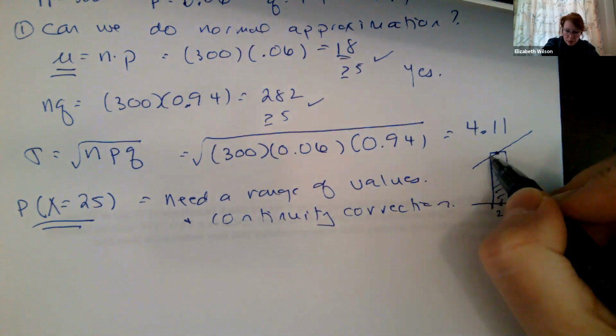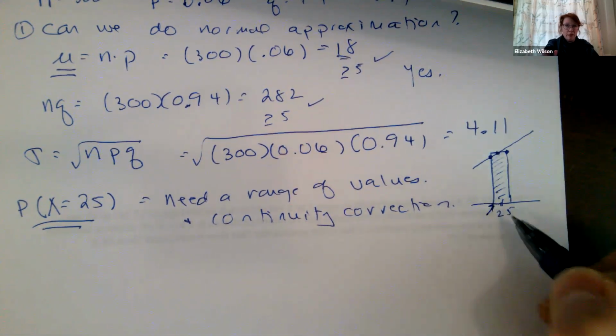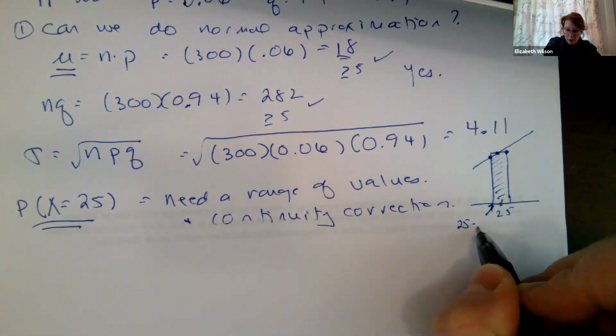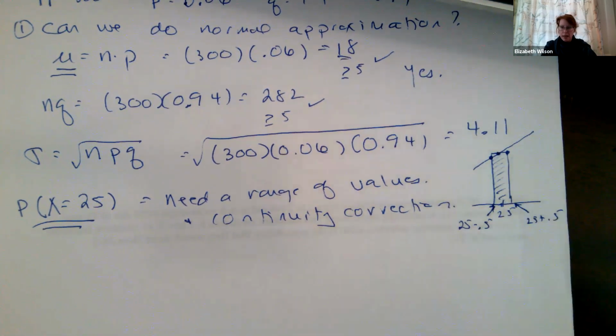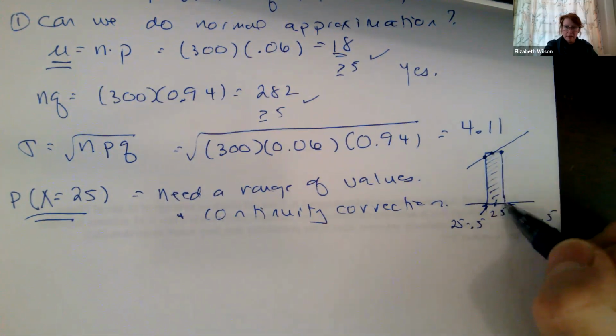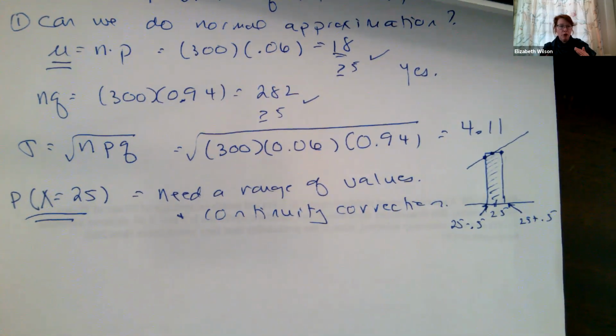That means I need to include this value and this value here. It's a 1-unit box, so this value is 25 minus 1/2, and this value right here is 25 plus 1/2. That's our continuity correction: we take both sides of that box and include the area inside it. That's how we adjust for curve fitting a smooth continuous graph on top of a boxy discrete set of data.